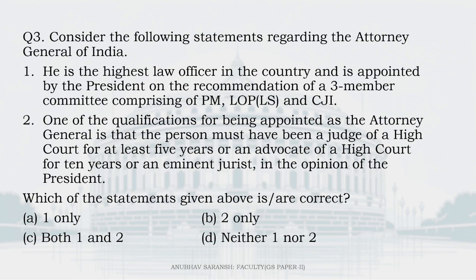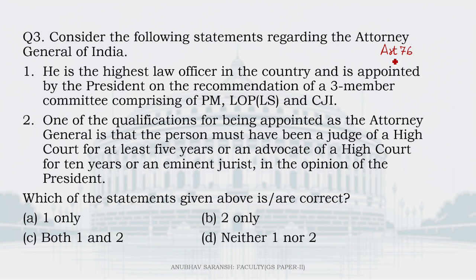Consider the following statements regarding the Attorney General of India. Number 1. He is the highest law officer in the country and is appointed by the President on the recommendation of a 3-member committee comprising of PM, the Leader of Opposition LOP, Lok Sabha, and the Chief Justice of India. Attorney General is mentioned under Article 76. The article is important.